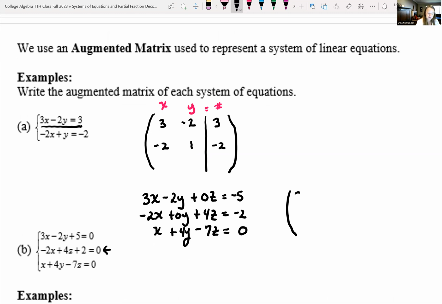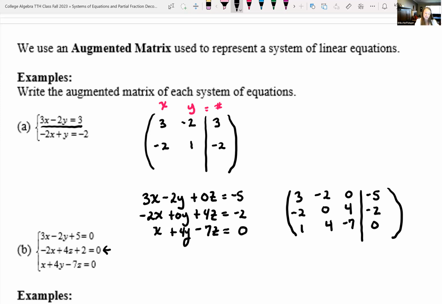So my first row is going to be 3, negative 2, 0, vertical line where the equal sign is, and then negative 5. Second row is going to be negative 2, 0, 4. On the other side of the vertical line, negative 2. And the third row is going to be 1, 4, negative 7, and then 0.